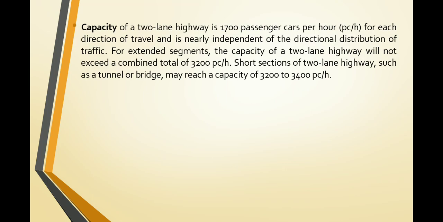Capacity of a two-lane highway is 1,700 passenger cars per hour for each direction of travel and is nearly independent of the directional distribution of traffic. For extended segments, the capacity of a two-lane highway will not exceed a combined total of 3,200 passenger cars per hour.